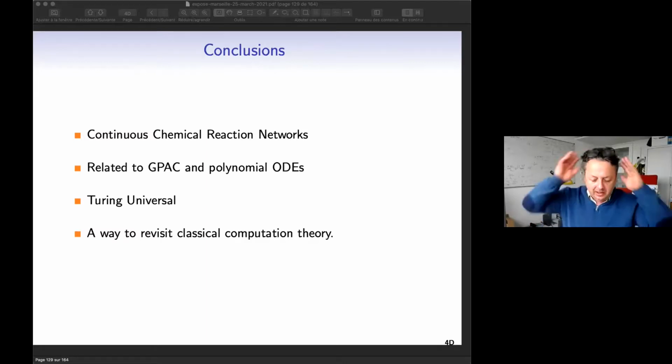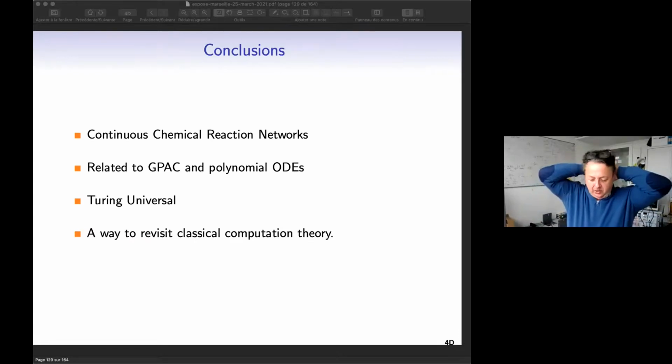So in that sense, you give x, so x is the input of the function that you want to compute. You give mu, the precision, and when you stop the machine, you read some value in some component, and this value will be f of x with error at most exponential minus mu.